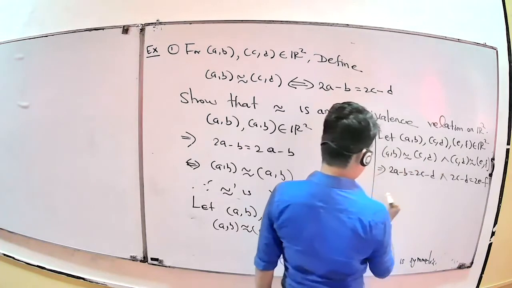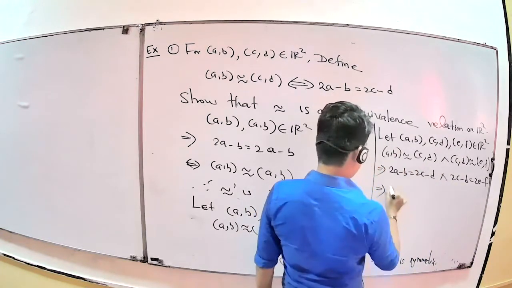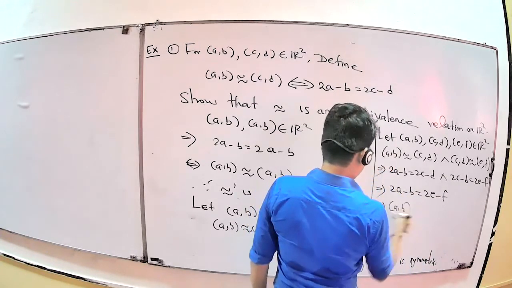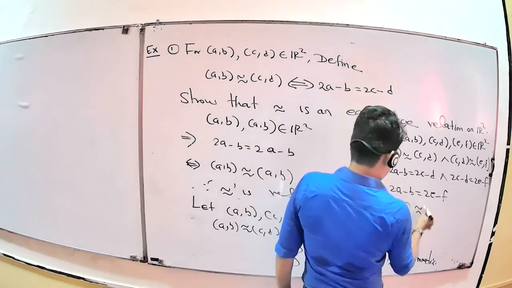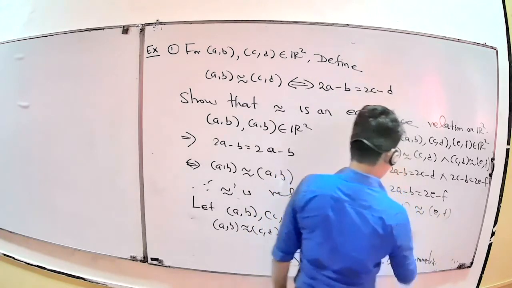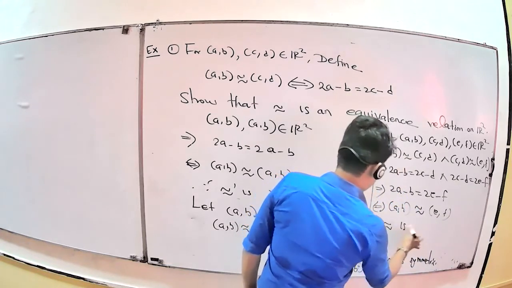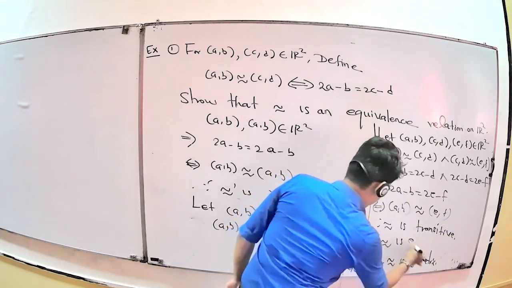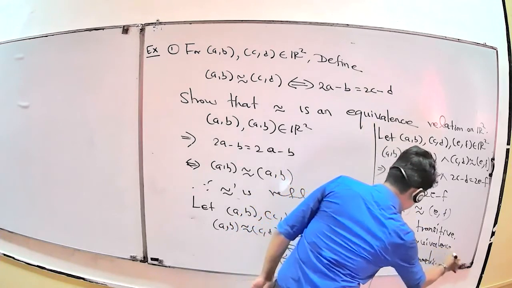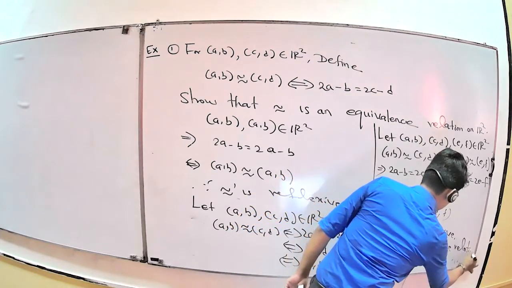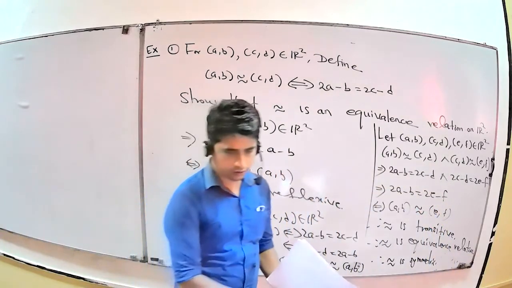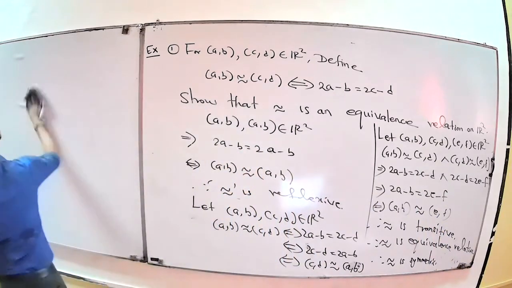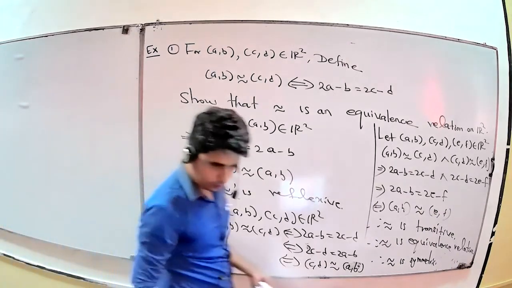But 2c minus d are equal, and you have 2a minus b equal 2e minus f. This implies (a, b) is related to (e, f). This means this relation is transitive. Therefore, this relation is an equivalence relation.